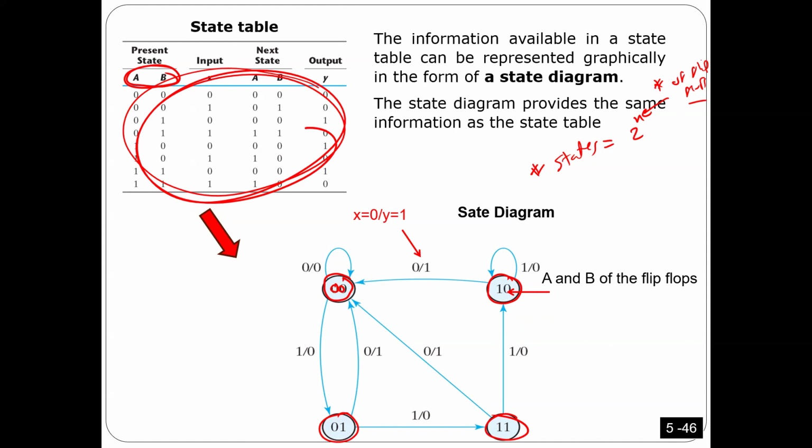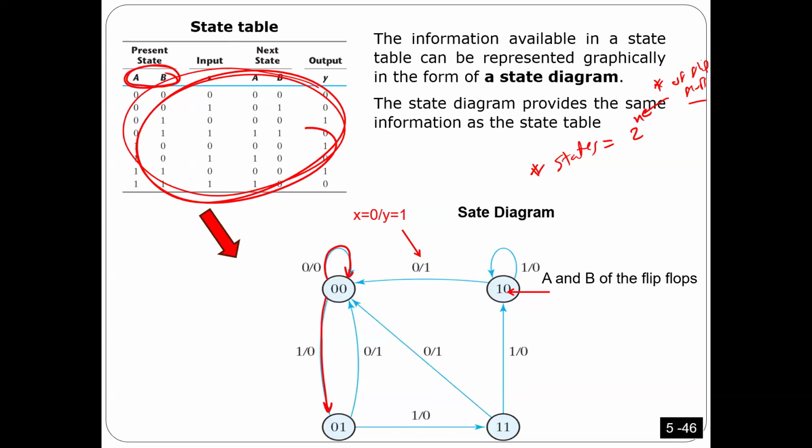And then, based on the values I have in the table, I need to draw the arrows. If I'm in state 0, 0, maybe I'm going to stay here, or I'm going to come here. So there are 2 arrows getting out from each state.